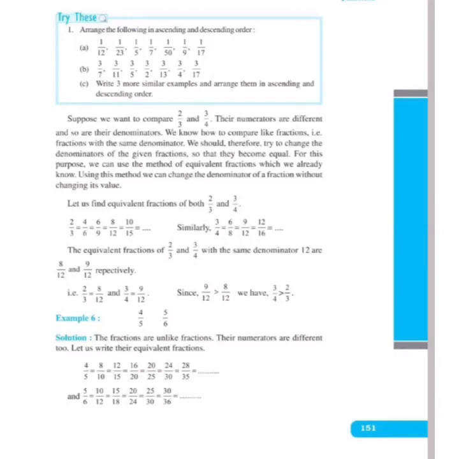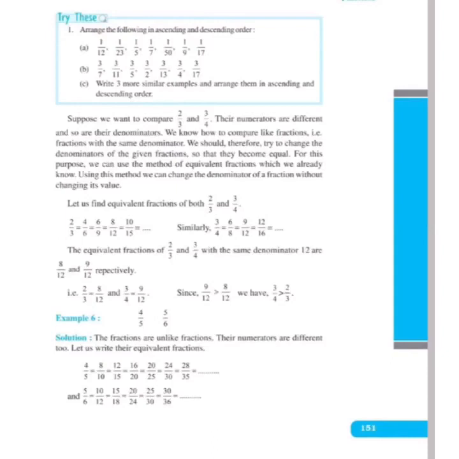After finding out the equivalent fractions, we have found that 8 by 12 and 9 by 12, for 2 by 3 and 3 by 4 respectively, have the same denominators. So we have got two fractions with the same denominators, that is 8 by 12 and 9 by 12.